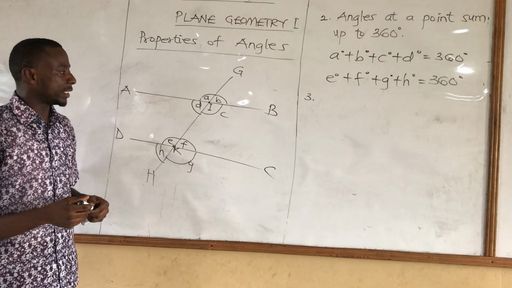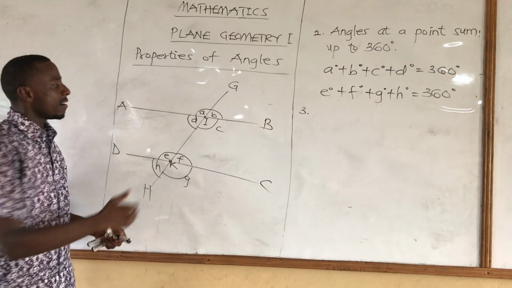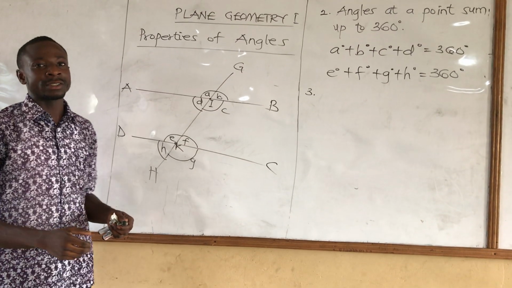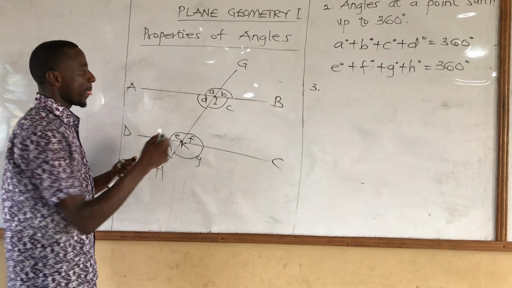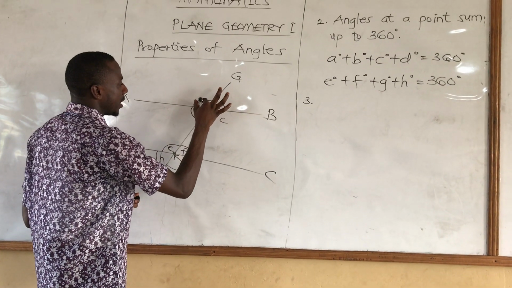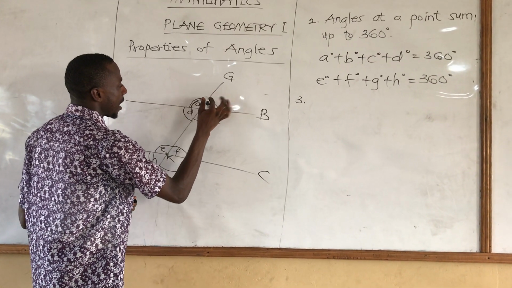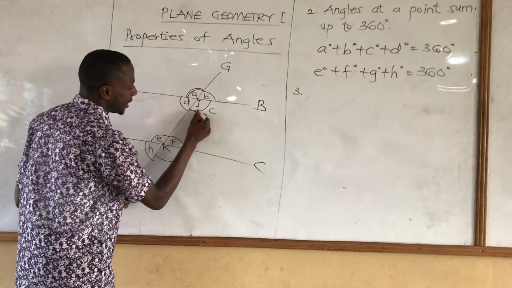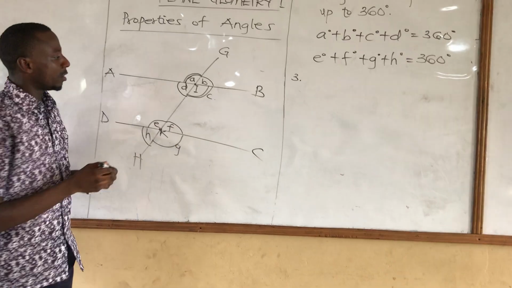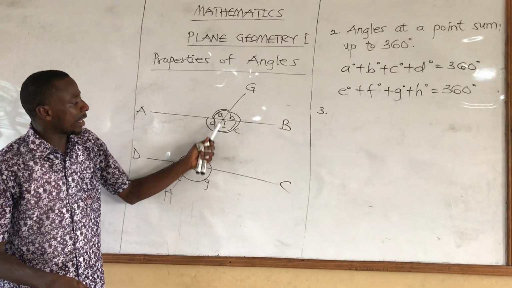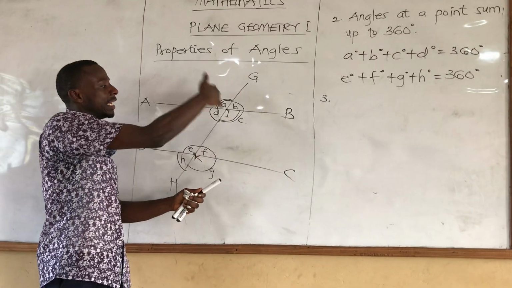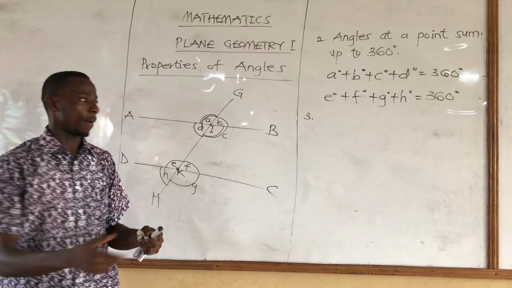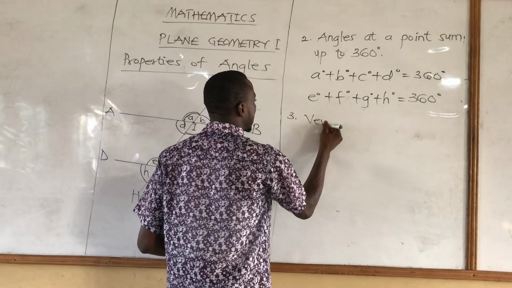The third property, we are going to look at vertically opposite angles. We know that they are equal. So from here, I am making it a double line so that we can see them clearly. The angle A and angle C are facing each other, so they are equal.